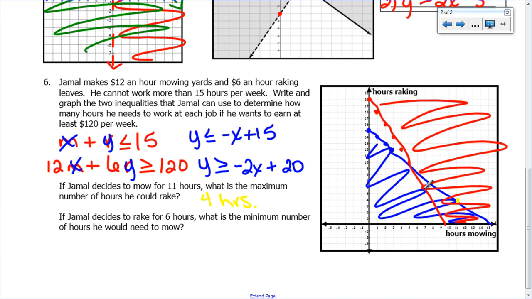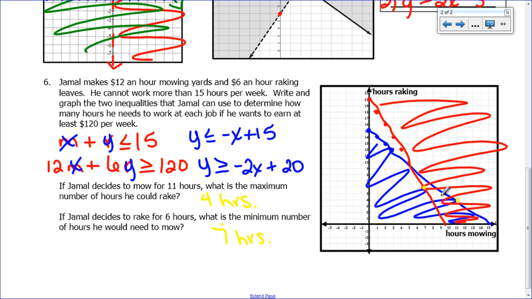I apologize, right here, it meets the boundary line right here. And like I told you, boundary lines count. And it meets the boundary line at 7, so his minimum number of hours to mow would be 7 hours, because that's where the 6 meets the boundary line and the shaded region. And so that's your minimum mowing. I could have kept going and got my maximum, but they asked for the minimum.